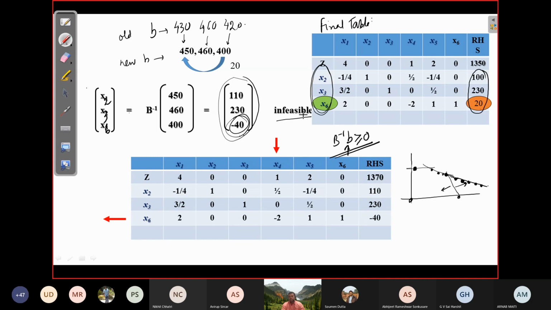So from this condition we will be able to calculate the ranges of feasibility, that is, for what ranges of small b, B inverse small b remains greater than or equal to 0. Is that clear? Suppose for this instance, with this new small b I am getting minus 40, which is an infeasible solution. So how do we get to the new optimal solution now?